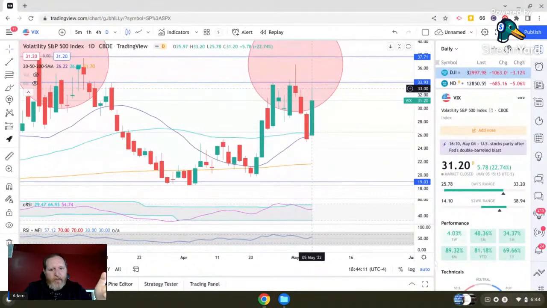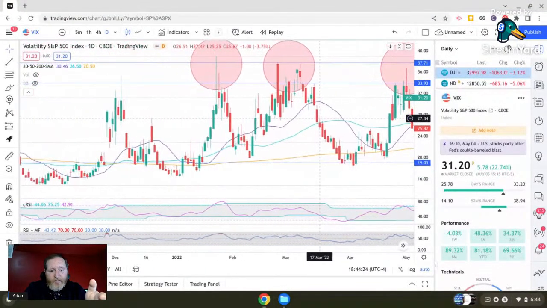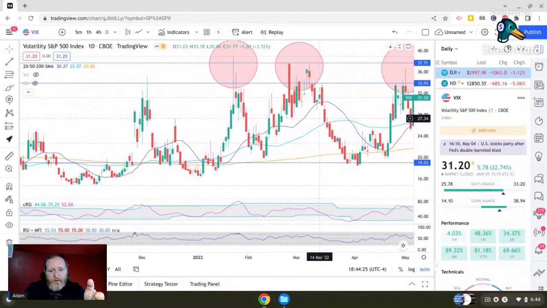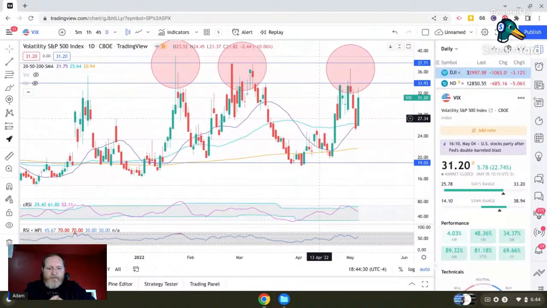So maybe it's not going to 35. Maybe it's going to turn around and we're going to drop right out of this red circle tomorrow. That's a possibility, and historically, it is a possibility when we look at these other circles. So a couple things are pushing me over to the side that tomorrow could potentially be green.